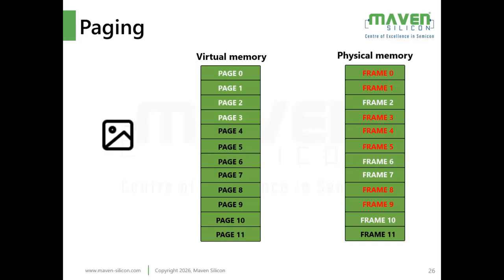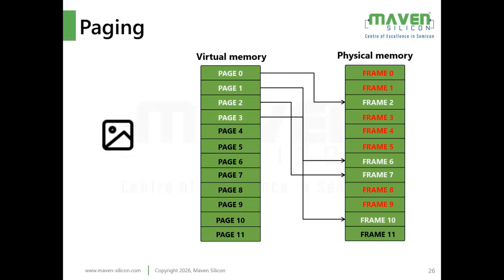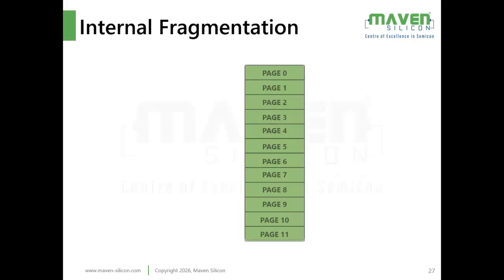This means the pages of a program do not need to be stored next to each other in the RAM. Each page can be mapped to any available frame in the physical memory. The operating system keeps track of these mappings using a page table, and the MMU translates virtual addresses into physical addresses. This flexible mapping eliminates the need for contiguous memory and helps solve external fragmentation.